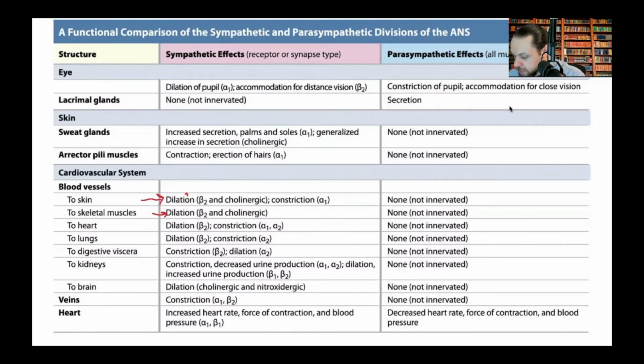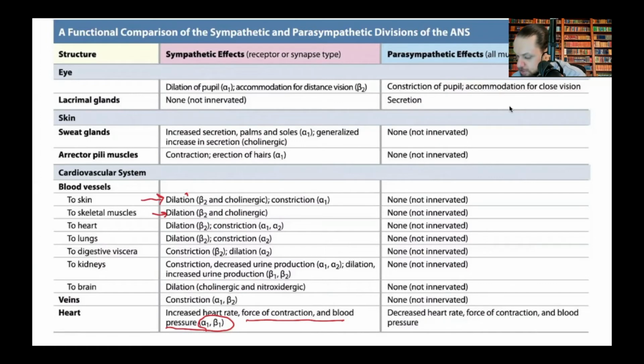We see that in the heart, increased heart rate and force of contraction is predominantly alpha-1 and beta-1. If I give you a beta-1 stimulant and an alpha-1 stimulant, I'm going to increase heart rate, increase contractility, and vasoconstrict with alpha-1. It's going to increase my heart rate and blood pressure, right?